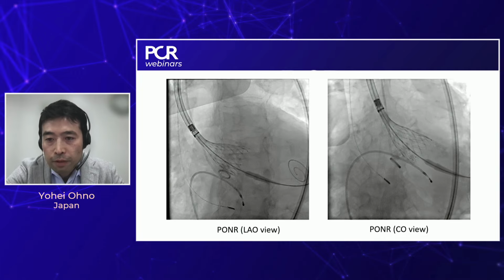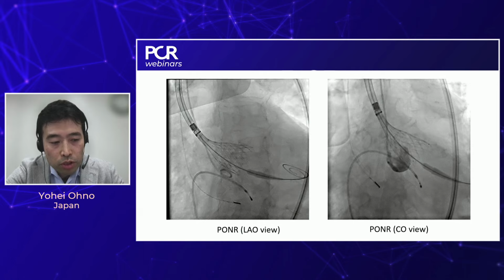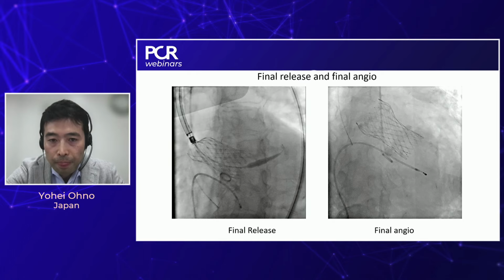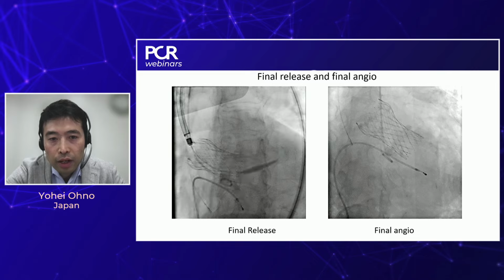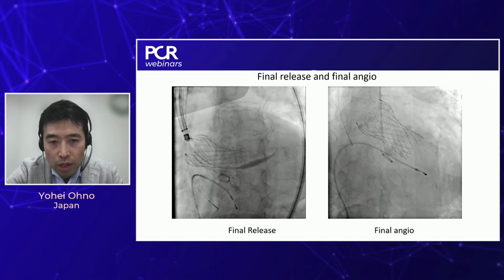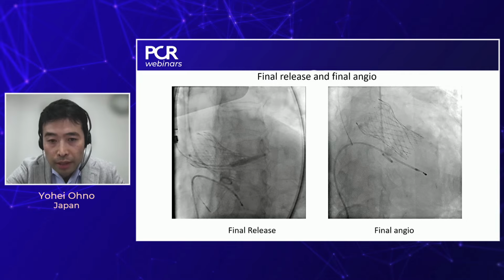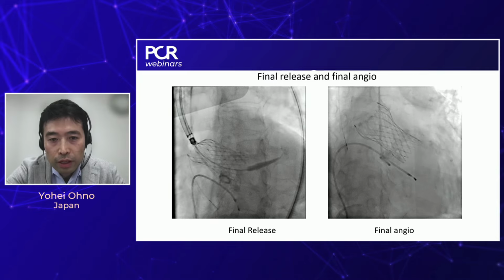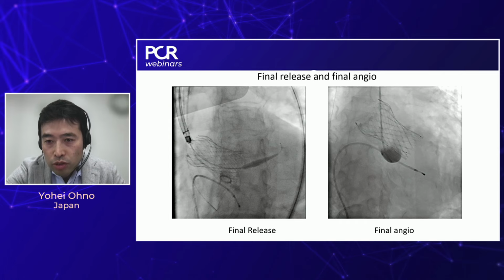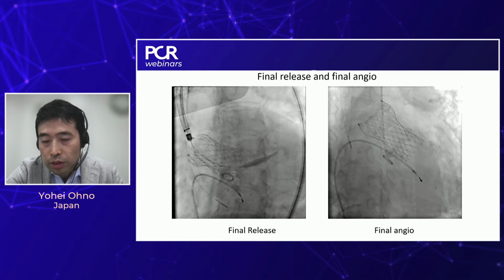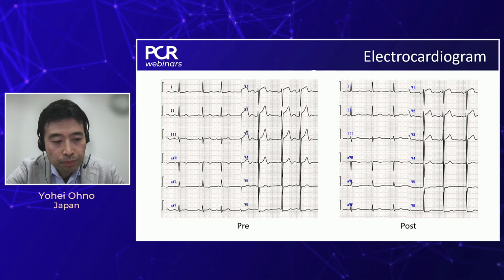We wanted to place the valve in this appropriate position, and we went for the final release. We took time for this process to allow the valve to expand even more and achieve a very stable final release. Actually, it was a very good sealing with minimal PVL.